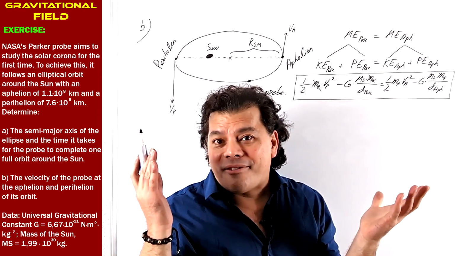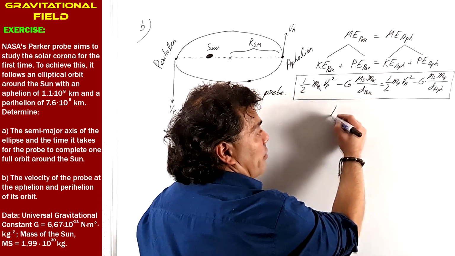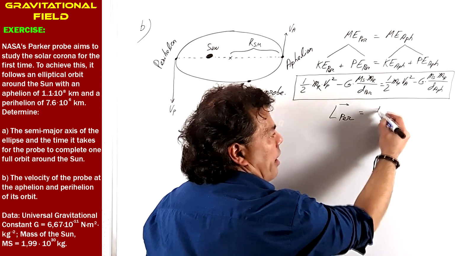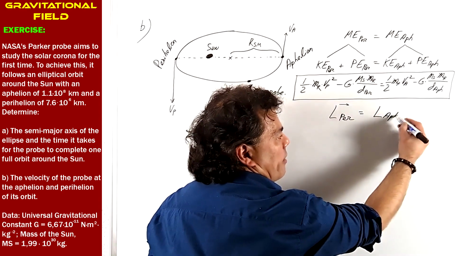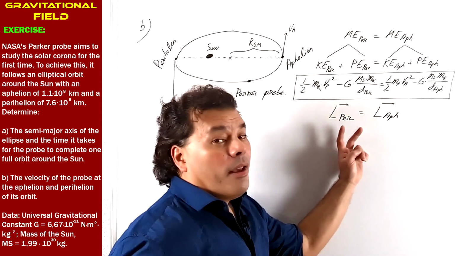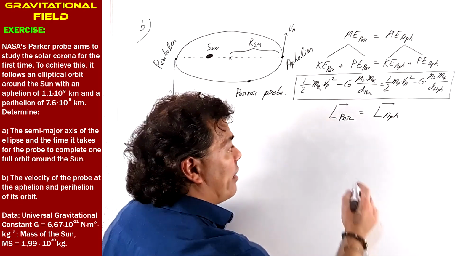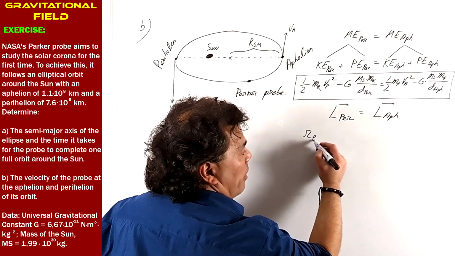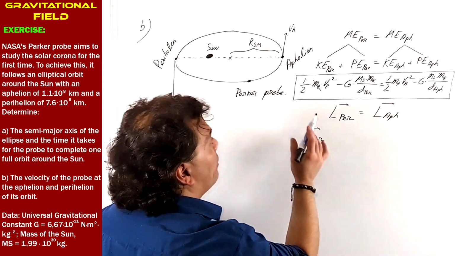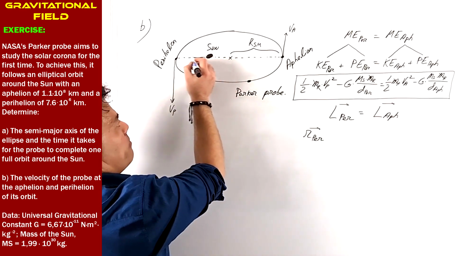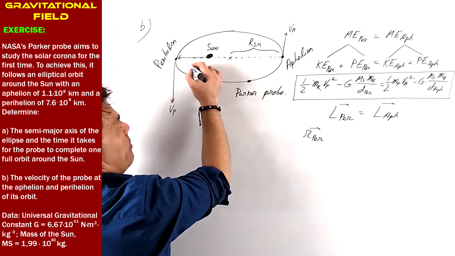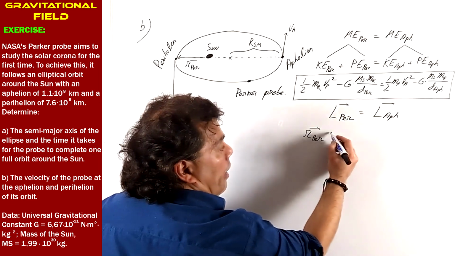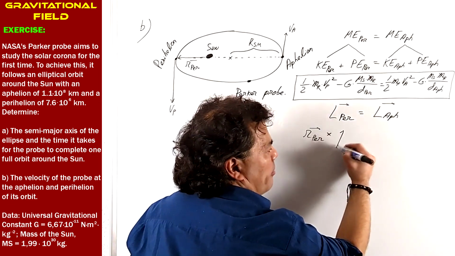The angular momentum. Look, the angular momentum at the perihelion must be equal to the angular momentum at the aphelion. The angular momentum is defined as the cross product between the position vector at the perihelion, and this is the position vector at perihelion, and the linear momentum.